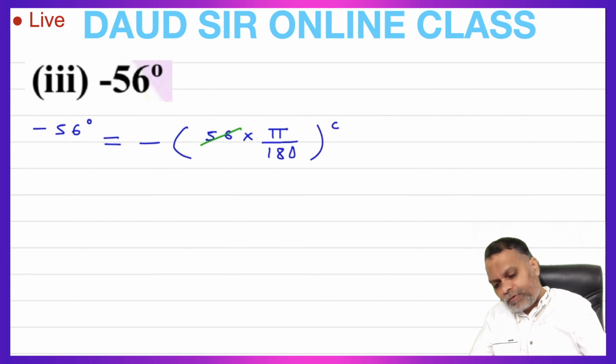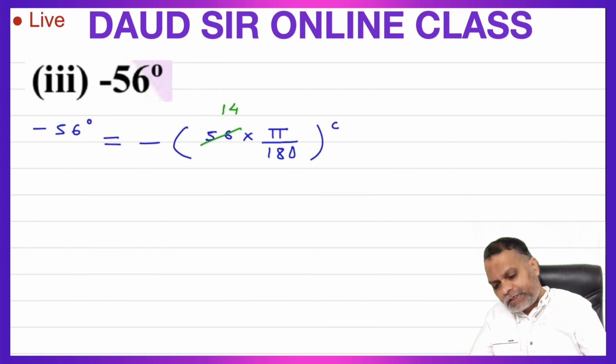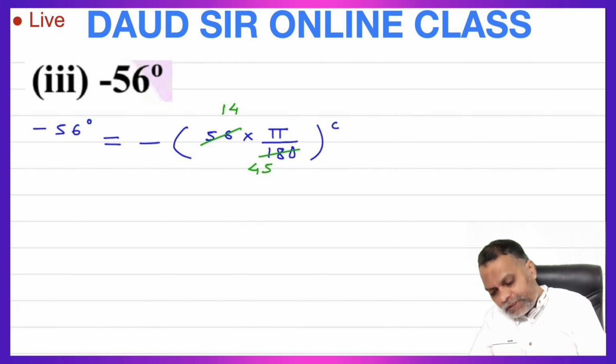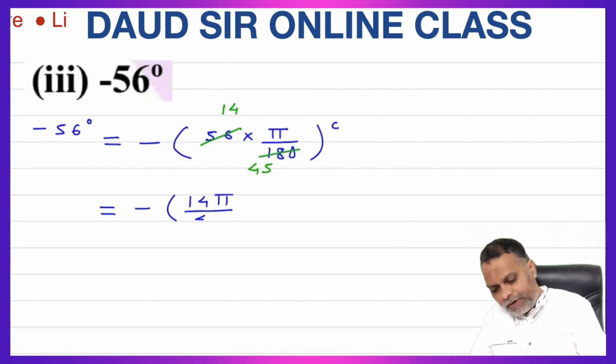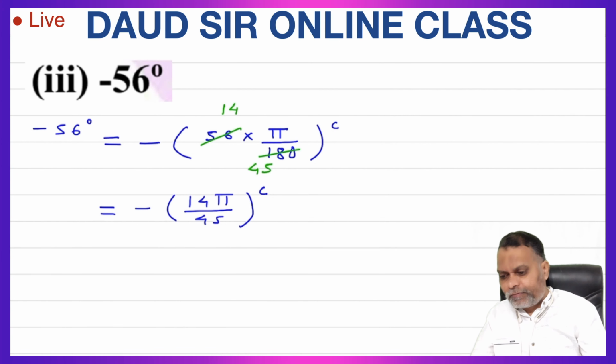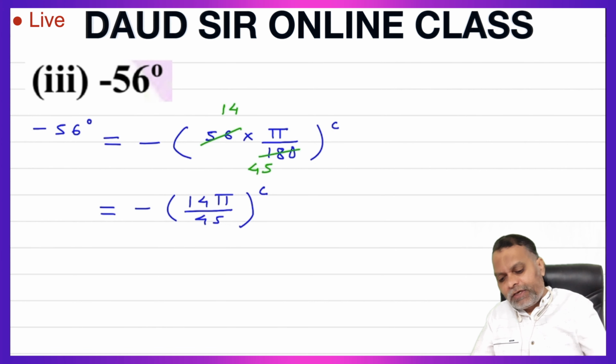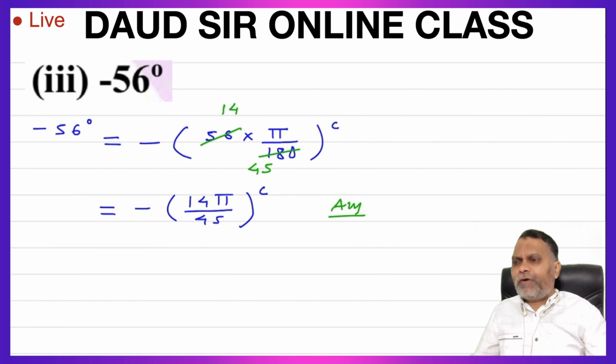Cancel by 4. 4 1s are 4, 4 4s are 16, 4 4s are 16 carry over 2, 4 5s are 20. So which is minus 14 pi by 45 radian. This is the required radian measure, 14 pi by 45 radian.